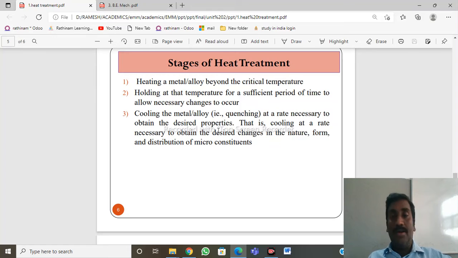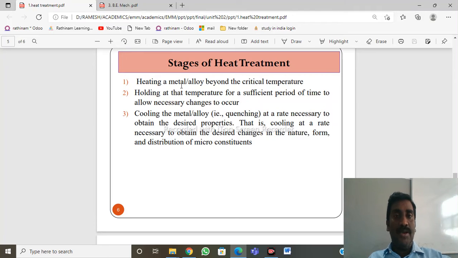Stages of heat treatment. What are the stages? Heating a metal or alloy beyond the critical temperature. Why beyond the critical temperature? The critical temperature is the point at which the material changes its phase. If we take the material beyond this temperature, then we can change the entire material properties.